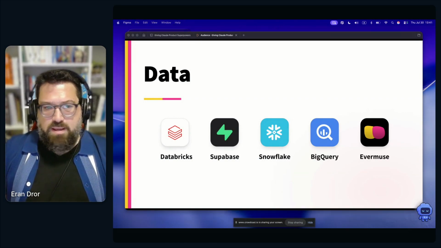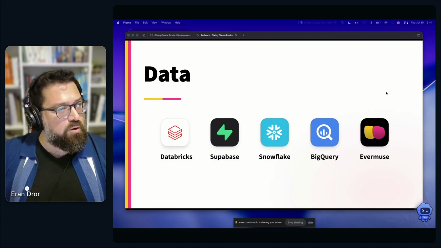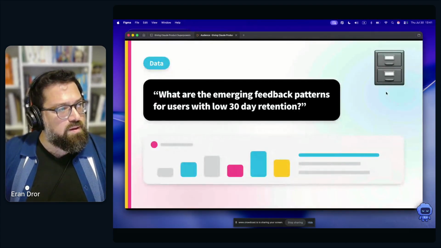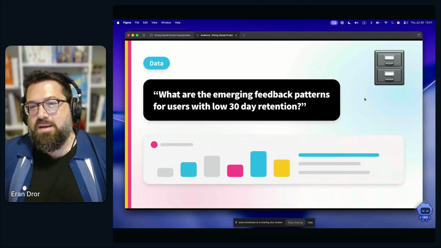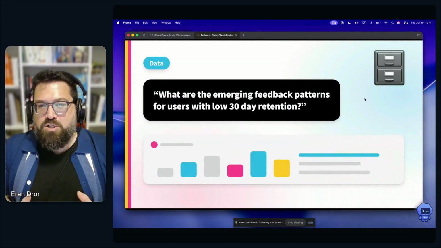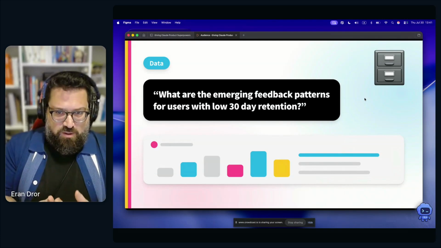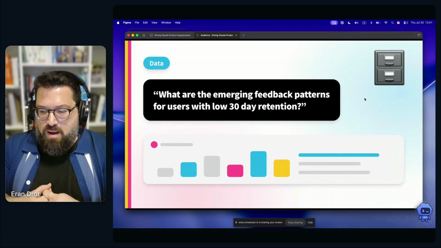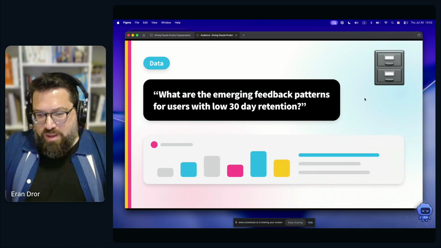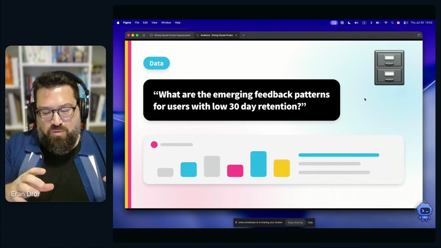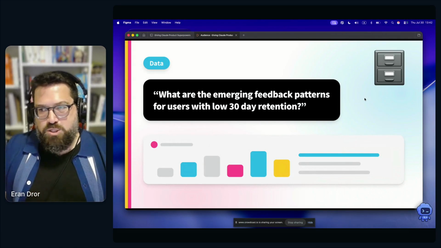So the next category, this is an example, right? Hey, what are the emerging feedback patterns from users with low retention rates? Or we could say, look for all mentions of this word. Let's say, do people ask for a Jira integration?